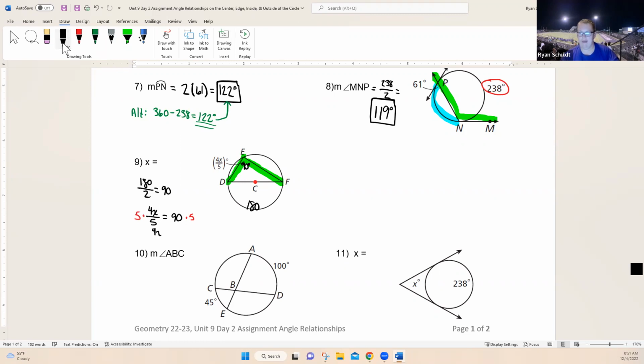It says 4x equals 450. Divide by 4, and we get x equals 112.5. So x is equal to 112.5.